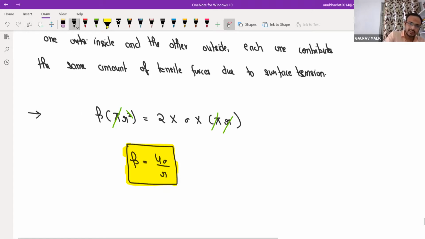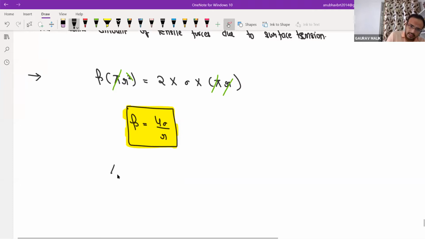Or you can also write it like this: delta P of the bubble is equal to 4 sigma S divided by R, or capital R, both are the same thing.